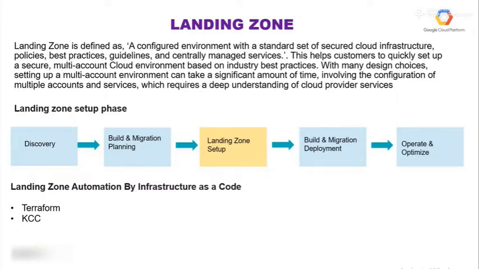For example, VPC setup, whole monitoring, your logs, and what type of compute engine it will be. Those basic things we will decide there, which region will be selected. So that's the crucial part. Once your landing zone is done, then only people can go for the build and migration.